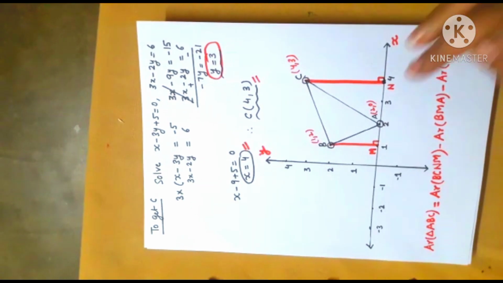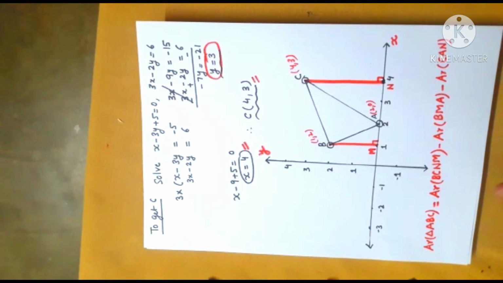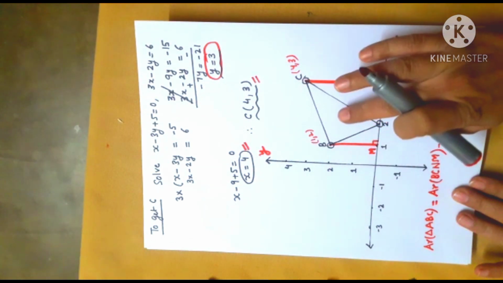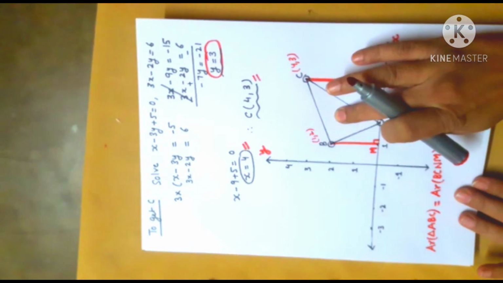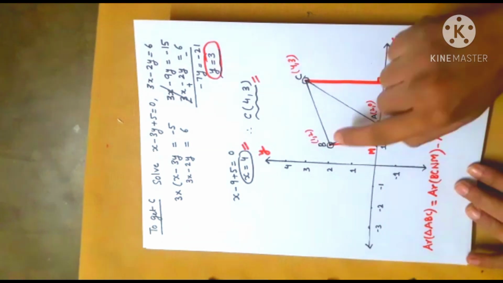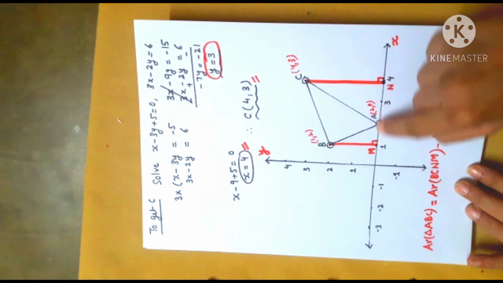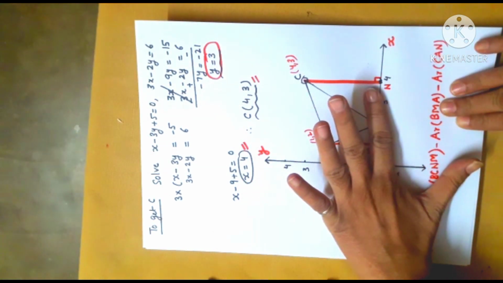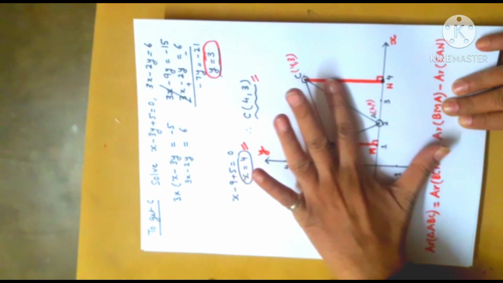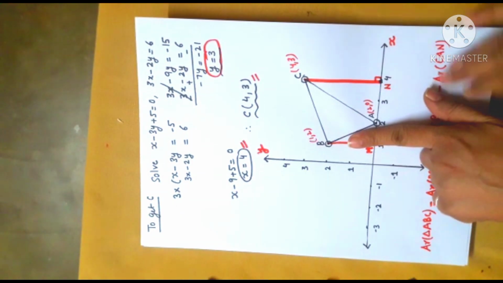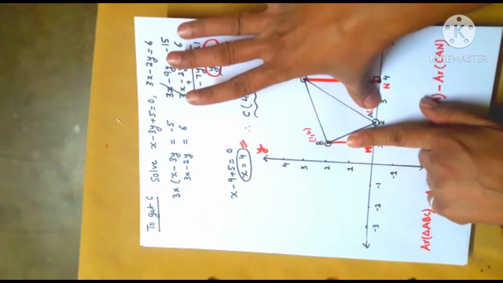Now from the figure, area triangle ABC, that is the area of this region, will be equal to area BCNM, that is this area, and now from this area, I'll subtract this area and this area.